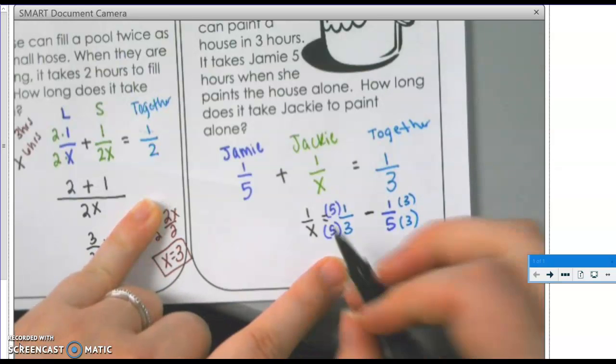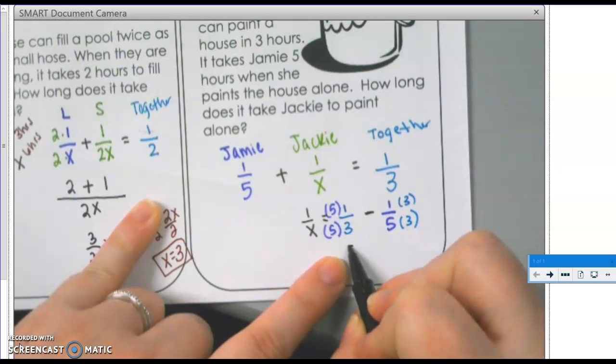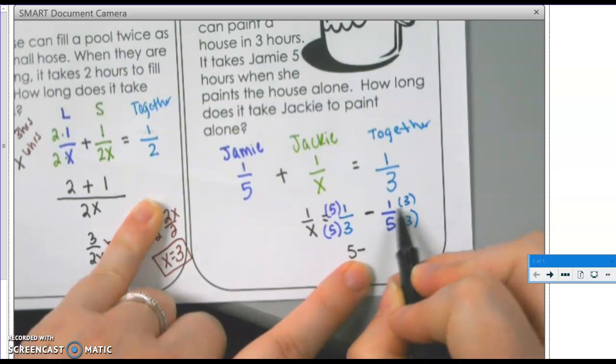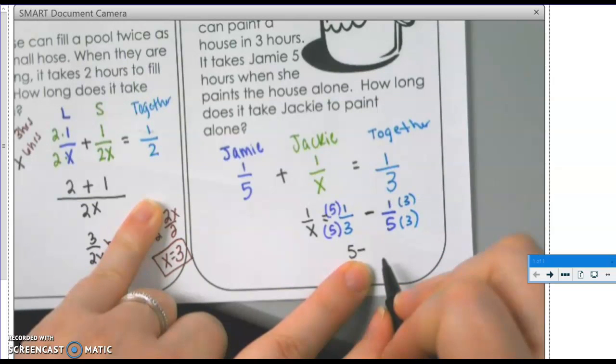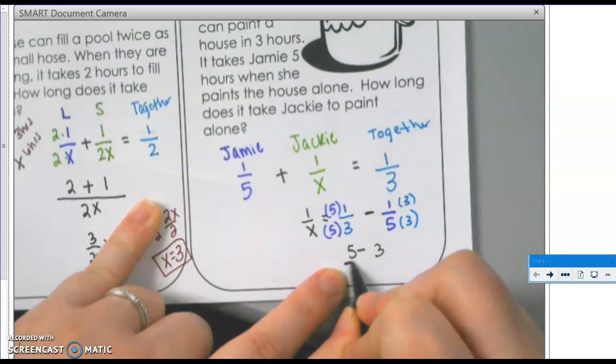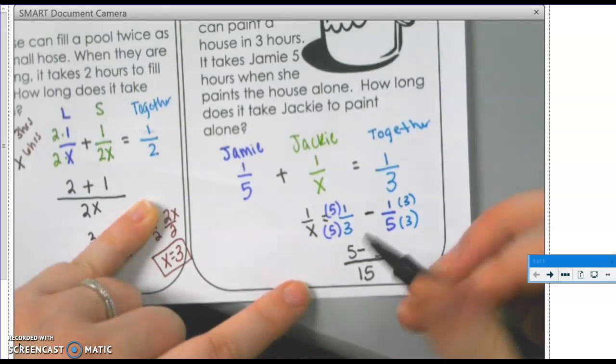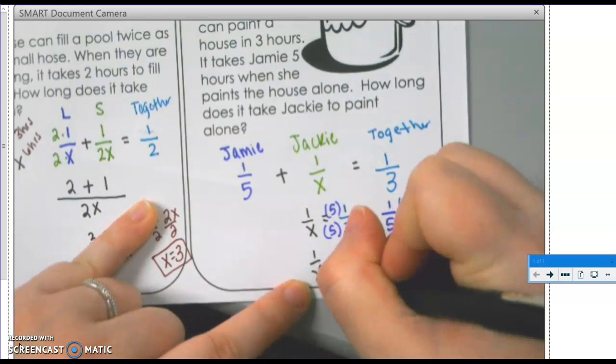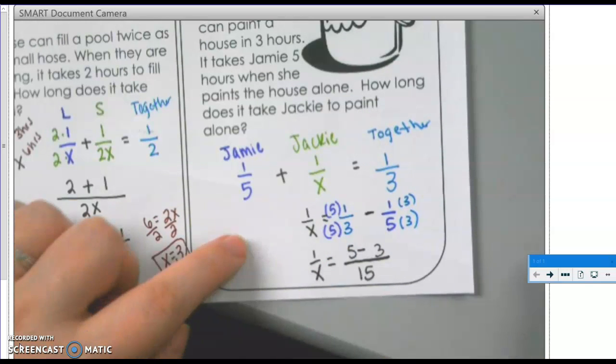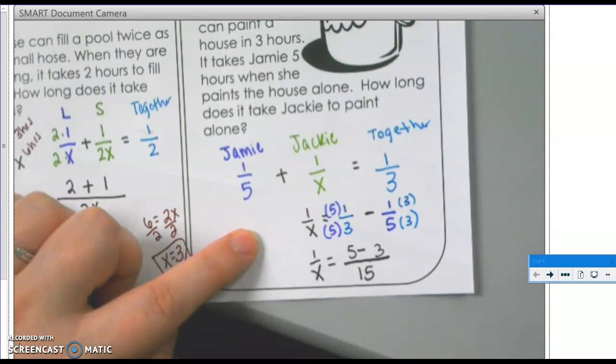All right, so the new numerator over here is 5. The new numerator over here, 1 times 3 is 3. They have the same denominator of 15. I'm just going to bring that down. All right, I'm going to have to move over here to actually solve it.